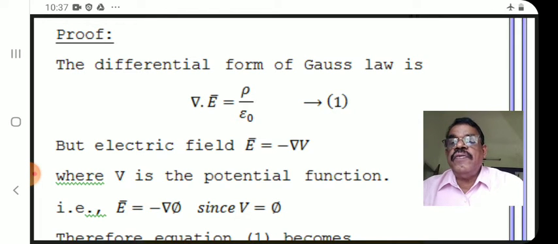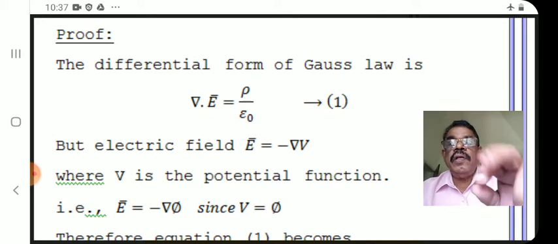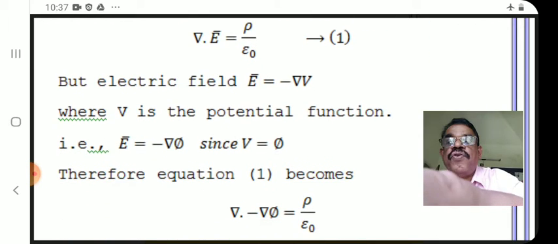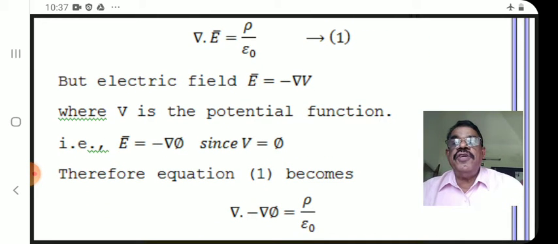And we have studied in the last class, electric field is equal to minus del V, the negative gradient of potential, where V is the potential function. Here we use the symbol phi for V, so we can write E is equal to minus del phi.